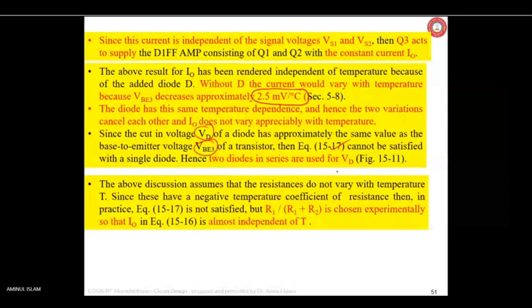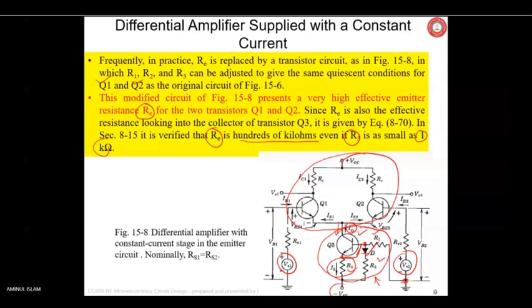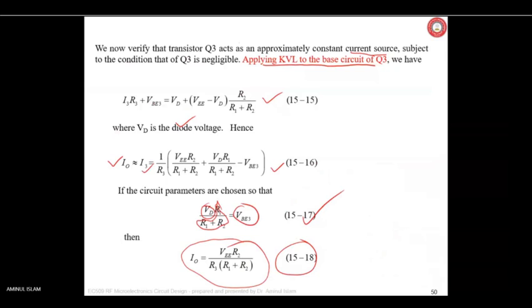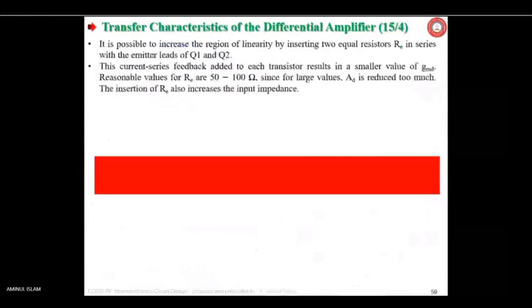Hence, two diodes in series are used, and we will see that in future. Rather, I will show you right now and come back to this. Instead of one diode, two diodes are required for the same reason. I will show that circuit diagram and come back once again.